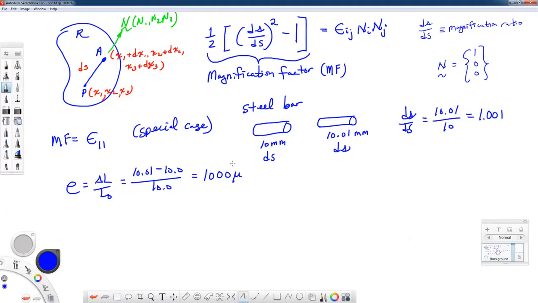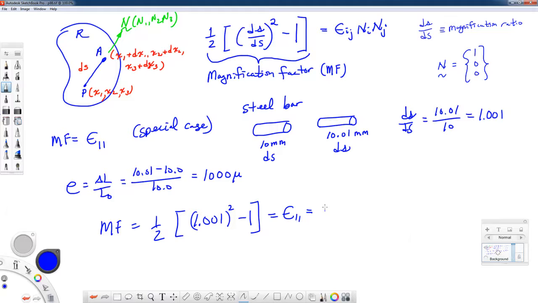Now let's look at the magnification factor. So we would have 1/2 the magnification ratio squared minus 1. And that would be what we would call the term epsilon 1,1 for this special unit direction case.